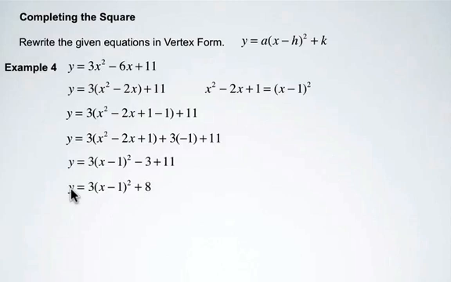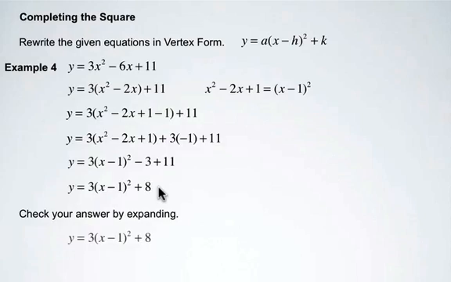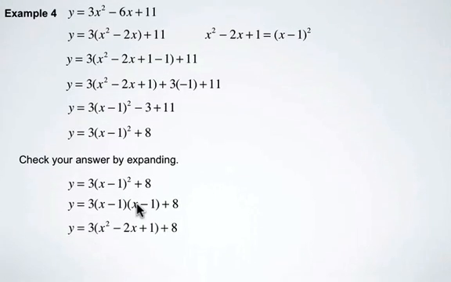So our vertex form of y equals 3x squared minus 6x plus 11 is y equals 3 times x minus 1 squared plus 8. We'll now check our answer just to make certain that we've done a good job. So y equals 3 times x minus 1 squared plus 8. We rewrite the square as this.